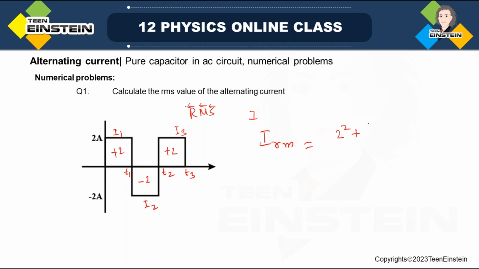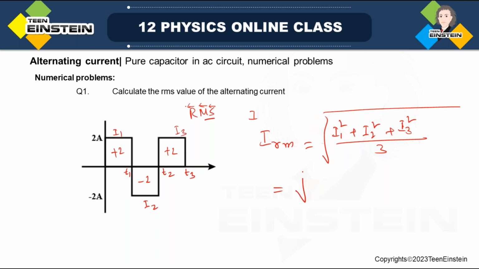So I1 square plus I2 square plus I3 square, then divided by 3, that will be square then mean, then root of that.